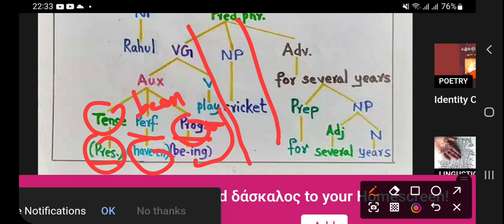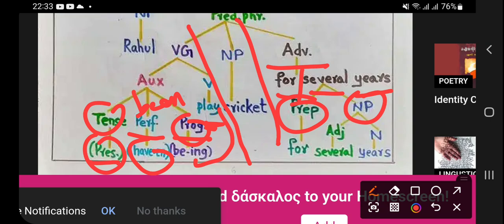Now the noun phrase is cricket. Now that is the adverb. What adverb? That is for several years. For is a preposition, and then several years.